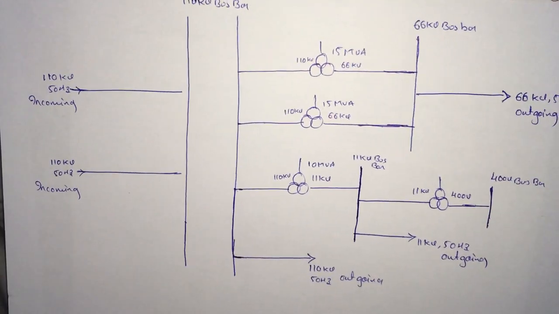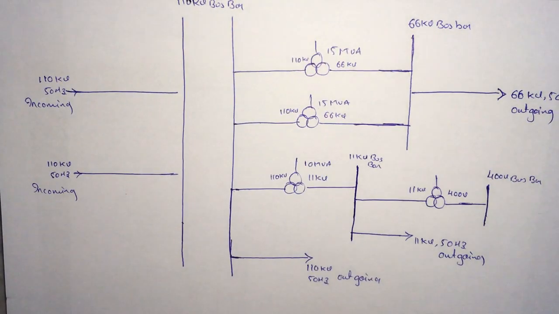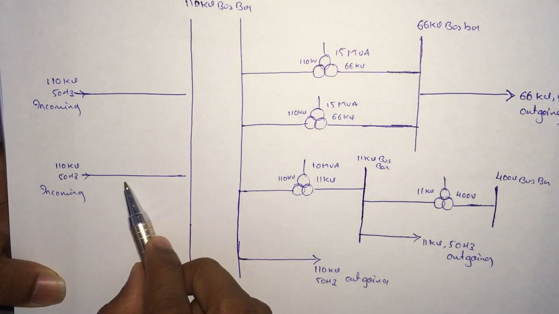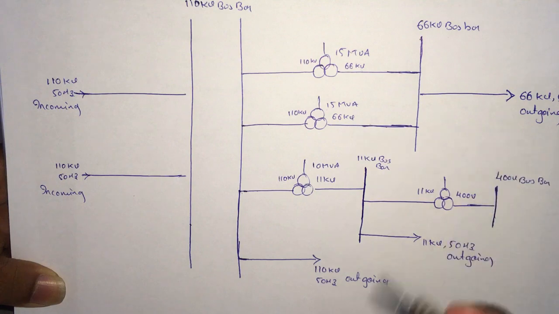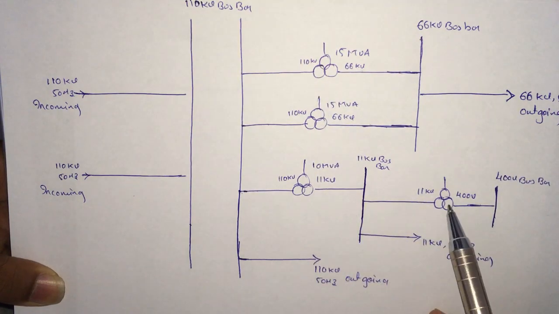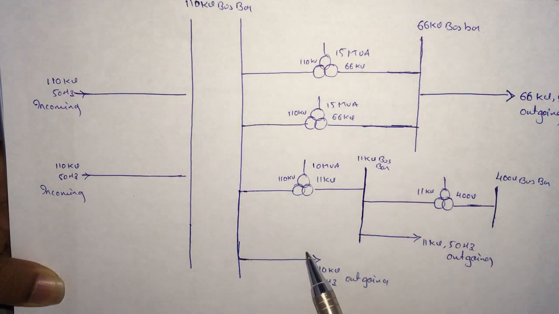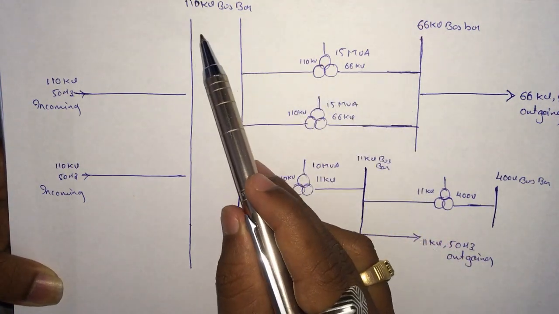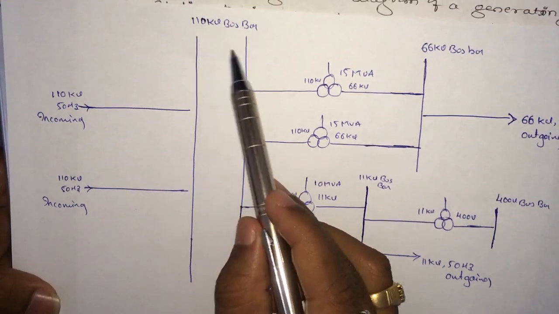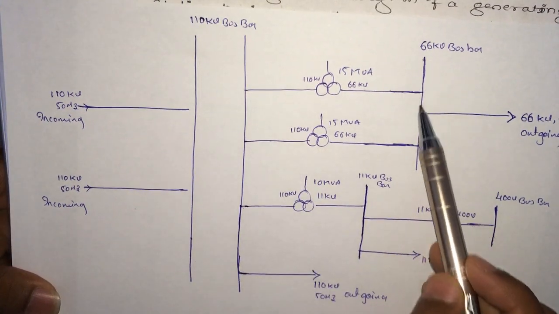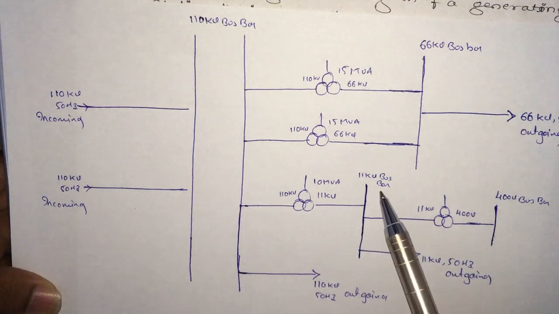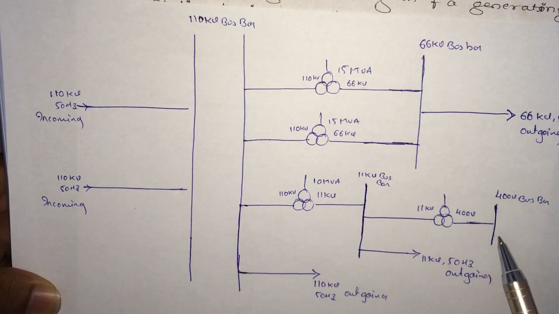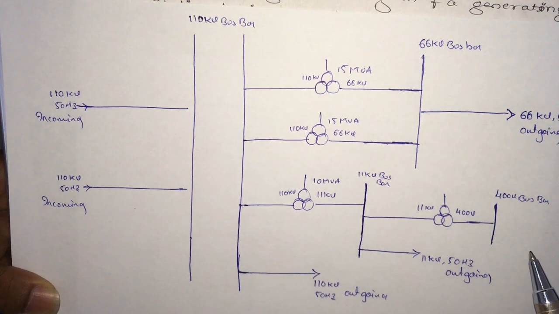Here you can see this is a draft of the single line diagram. We got two incoming lines, 4 transformers as per the requirement, and 3 outgoing lines. And we got 4 types of bus bar: 110 kV bus bar 2 quantity, 66 kV bus bar 1 quantity, 11 kV bus bar 1 quantity, and 400 volt bus bar 1 quantity.